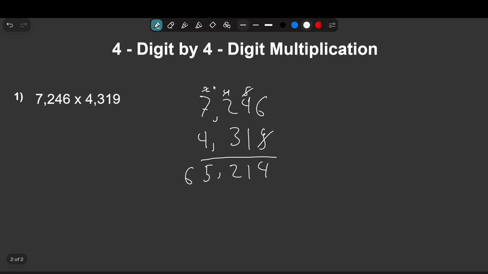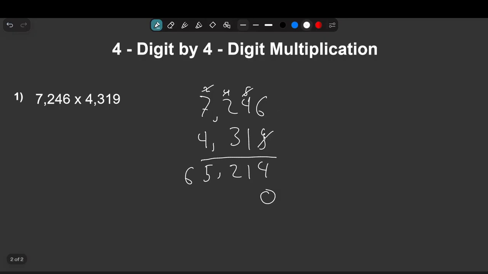So now we are going to go to the tens place. Because this 1 has a value of 10 and not just 1, we're going to write a 0 right here. And we're going to start from here. We do this because, again, this doesn't have a value of 1, but 10. So we're basically doing 10 times 7,246.